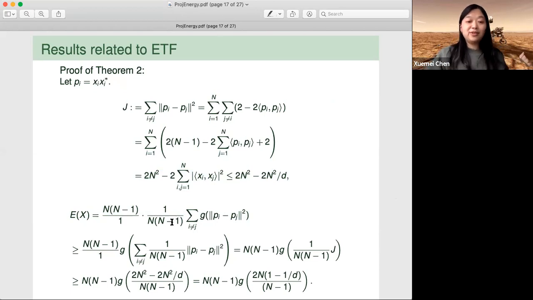Then using convexity, you can take the G out, put the summation inside of G, and then you get this. This is why we were also trying to bound the quantity J, which is basically the quantity inside G. This is something really easy to bound. It basically comes down to the frame potential, and we know the bound of that.